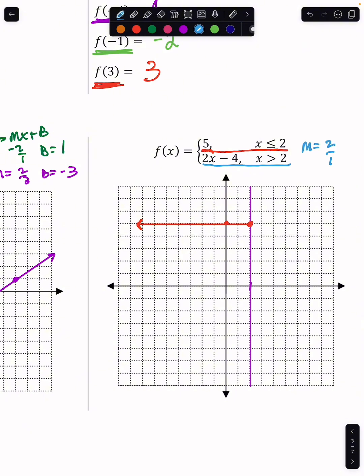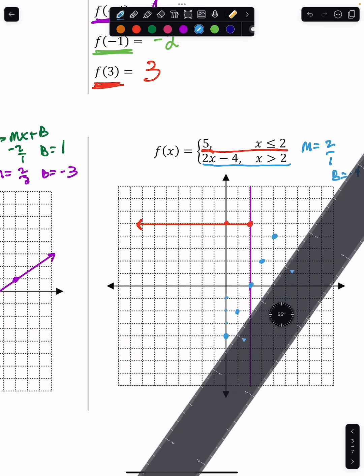So I'm starting at -4. 1, 2, 3. I'm going to rise 2, run 1. Rise 2, run 1. Rise 2, run 1. One more. Okay, here we go. Let's go ahead and use my ruler. Connect my dots.